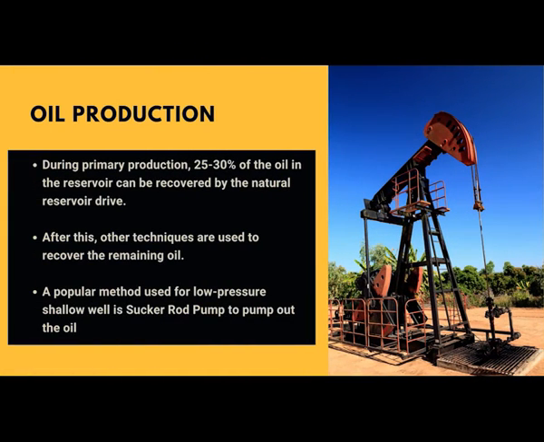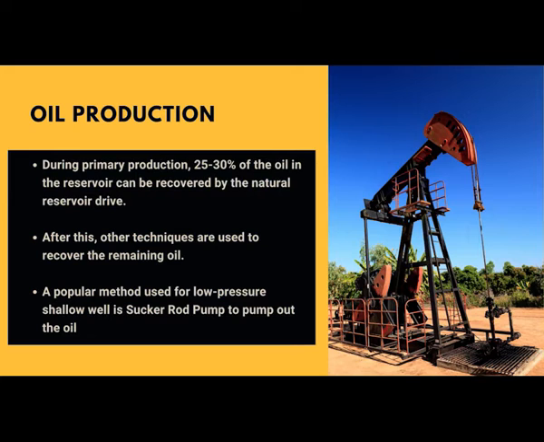So, once oil is obtained, now we are moving into the production phase. In the primary production phase, 25 to 30% of the oil in the reservoir can be recovered by the natural reservoir drive. What does it mean? All this hydrocarbon, whether it is oil or gas, is trapped inside the reservoir rock which was formed million years ago, and it is under constant temperature and pressure.